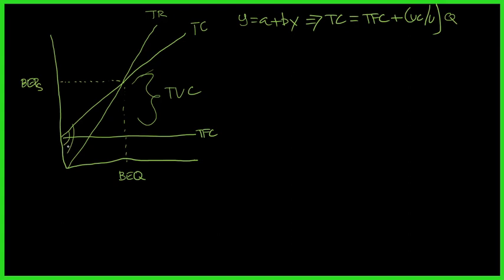Okay, so this now is your loss area. Why loss area? Because your total cost is higher than total revenue. And this one is your profit area because your total revenue is higher than your total cost. Okay po. So, ayun lang.